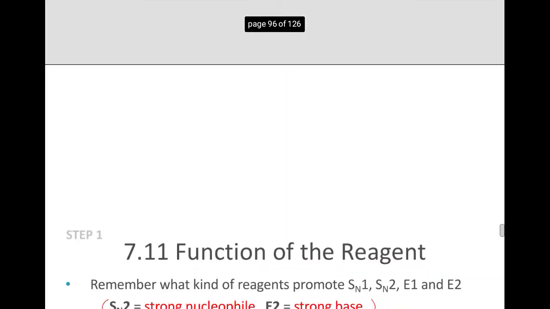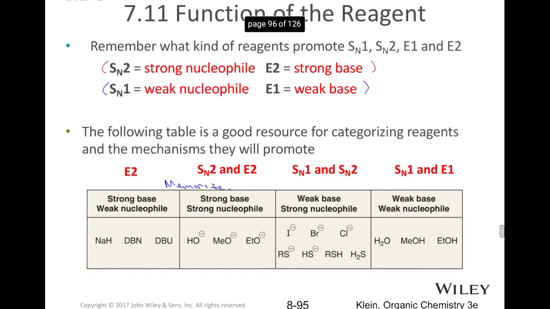Moving on from here, remember what kind of reagents promote SN1, SN2, E1, and E2 reactions. I like to think that when I'm looking at bimolecular mechanisms, so SN2 or E2 reactions, that's going to require either strong nucleophiles or strong bases. And when I'm doing unimolecular mechanisms, so SN1 or E1 reactions, that's when I'm going to use weak nucleophiles or weak bases.